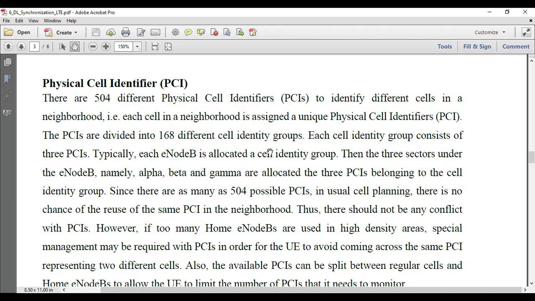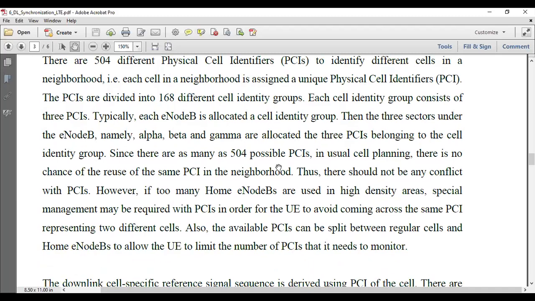It's not specific to LTE; in all generations, the 3 different cells under one base station are called alpha, beta, gamma. They'll be allocated the 3 PCIs of one group.